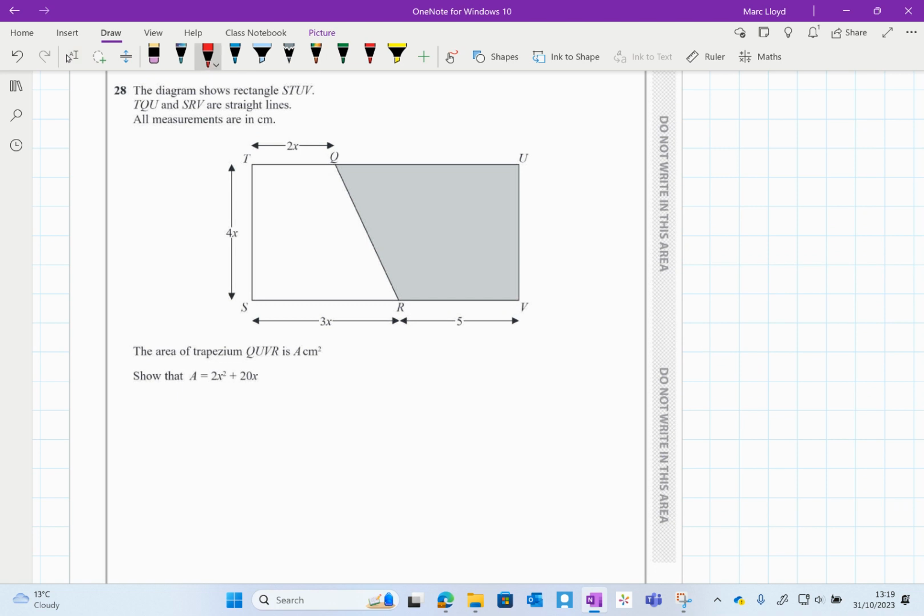So if that's 2x, that means this bit is x plus 5. Now, to work out the area of this shaded bit, we need to add 5 plus x plus 5 over 2, and then it's multiplied by 4x, which is going to be the height.